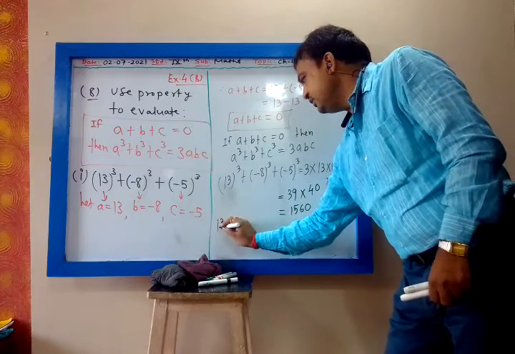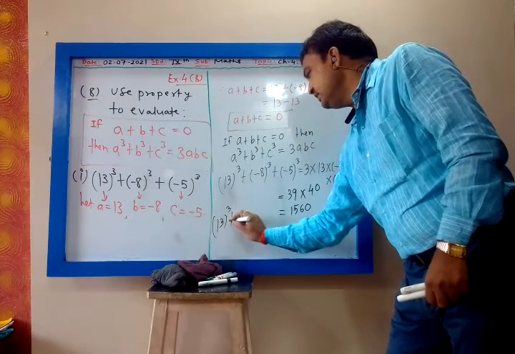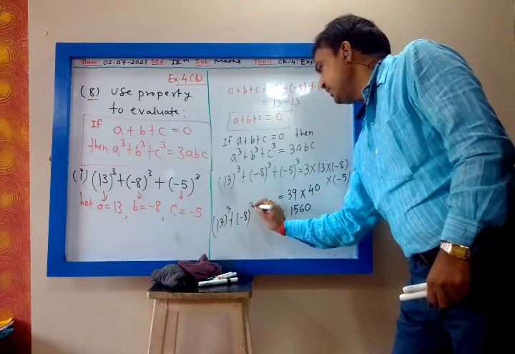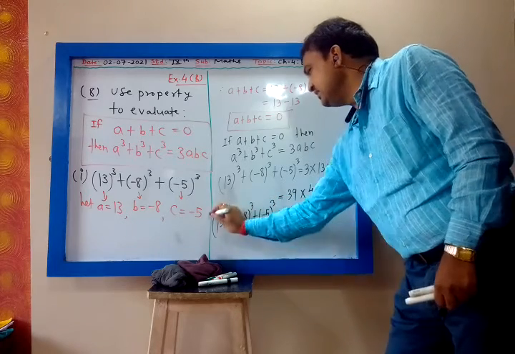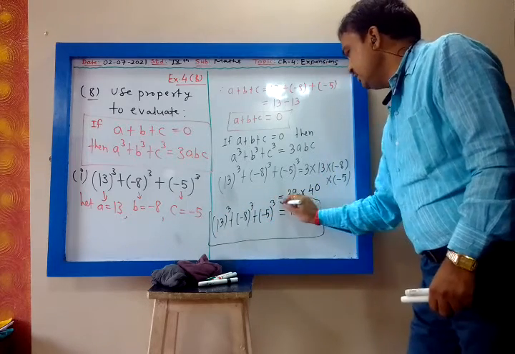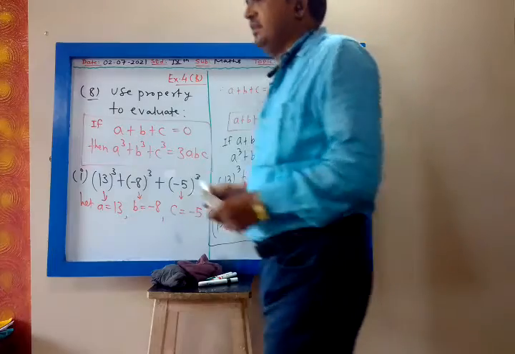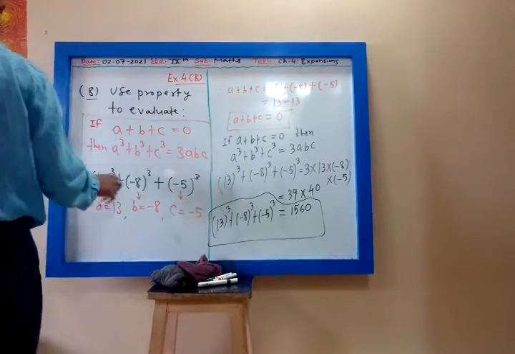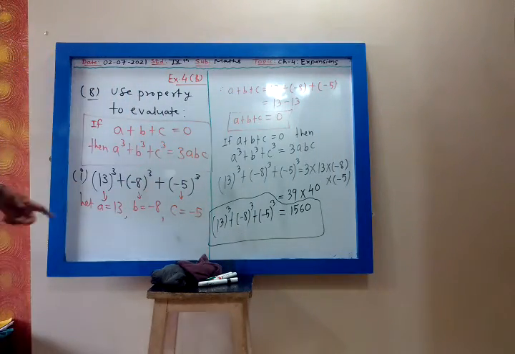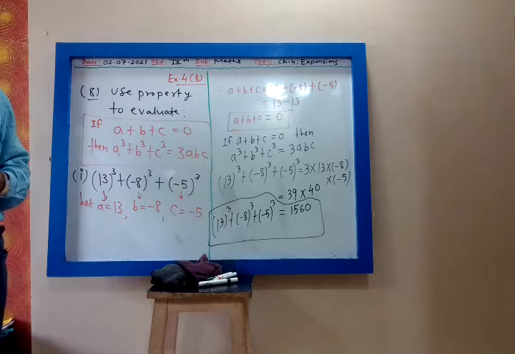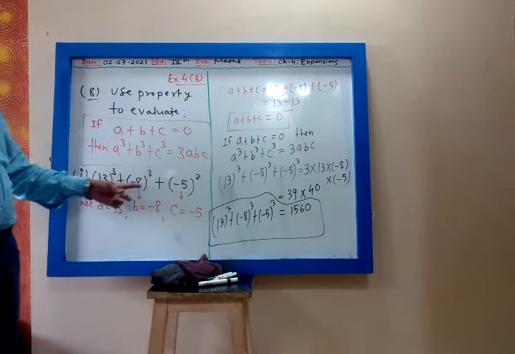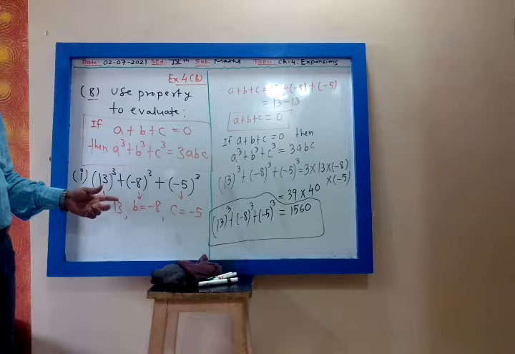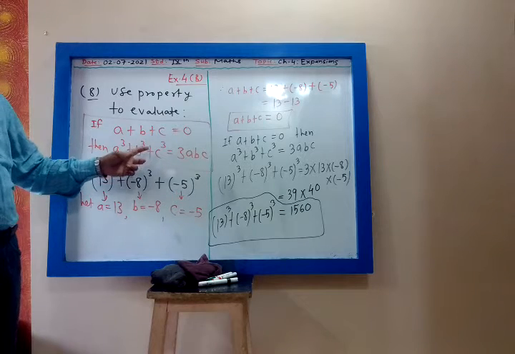So we get 13 cube plus minus 8 cube plus minus 5 cube is 1560. This is the answer. So in this we have used the property that if a plus b plus c is 0, then a cube plus b cube plus c cube is 3abc.